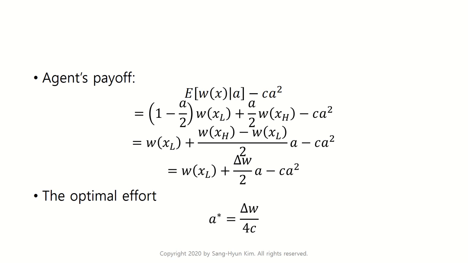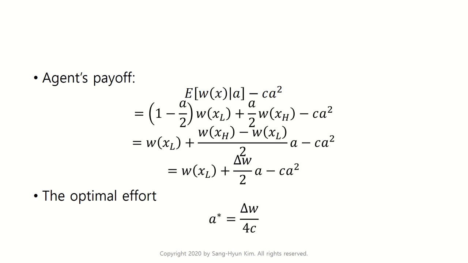Okay, so then at the last line you can see a very simple, nice quadratic function of A. You can just differentiate it, and the coefficient of the higher order term, the A squared, is negative, which means this quadratic function is a single peaked concave function.